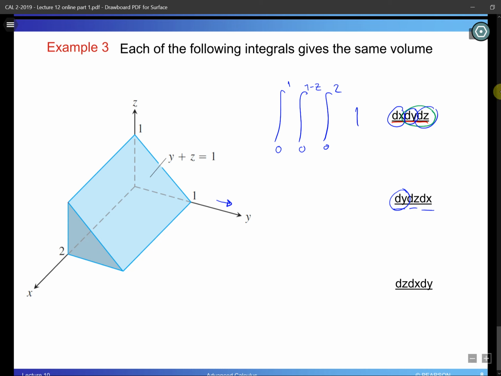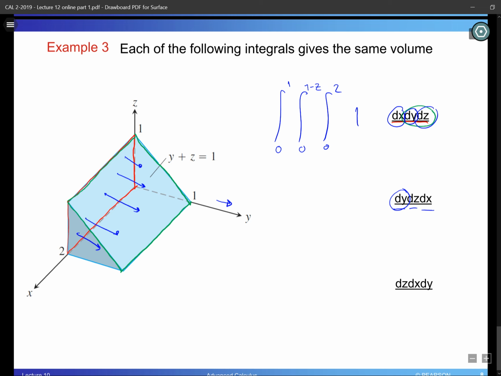One is the starting point of the sweeping on this plane, and then it's going to end on this slanted plane right here, going from the left-hand side to the right-hand side along the y direction. So y sweeps from the red plane to the green plane, all the way through.